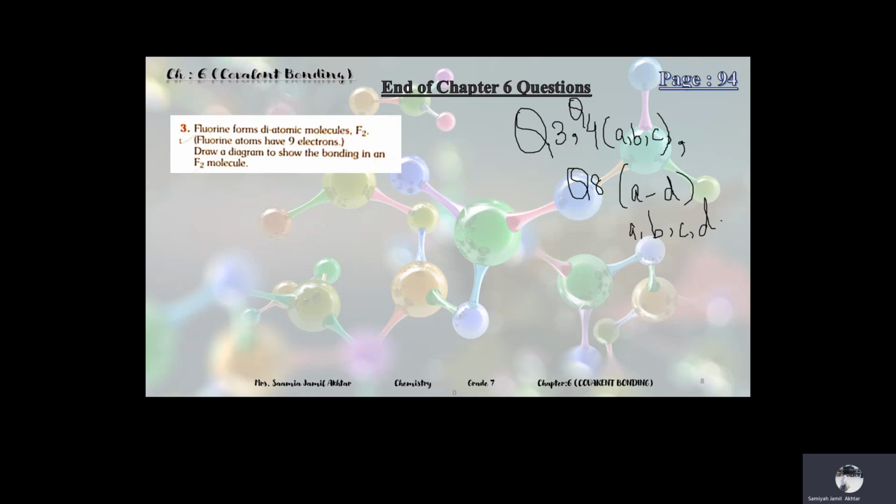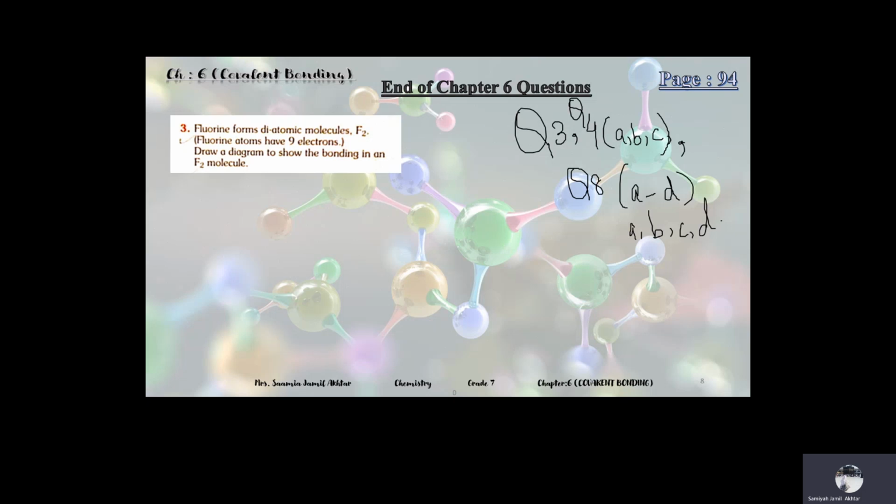Electrons, the sign is e minus. So always write the minus at the top. Chlorine. Okay. Good.